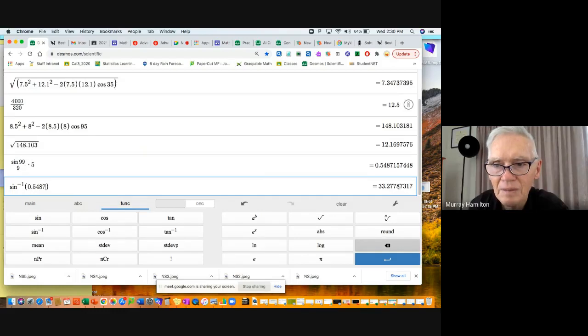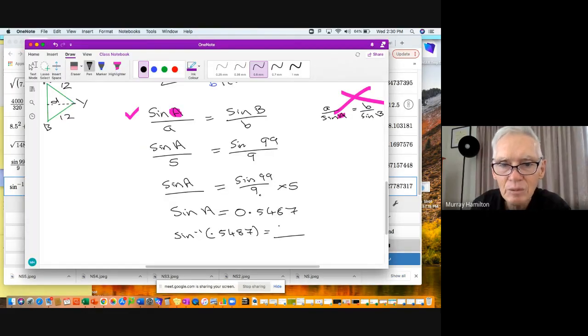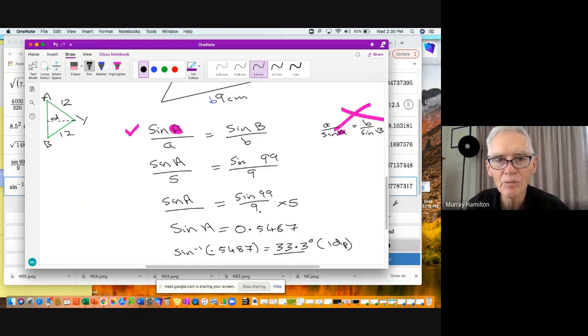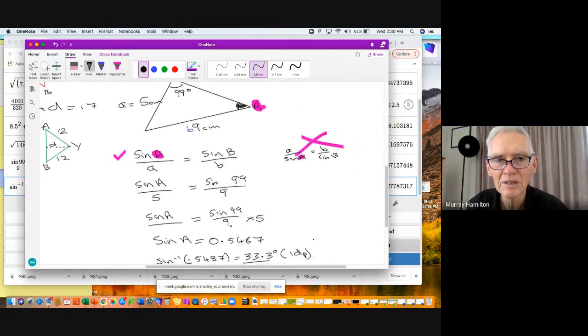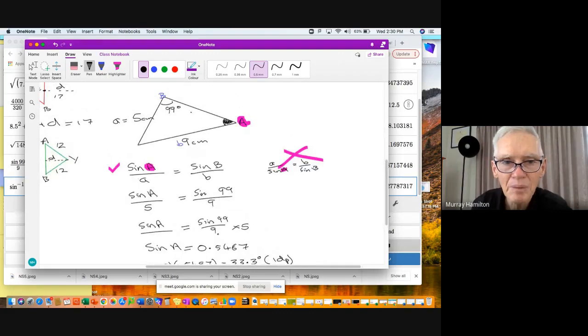And then I check to see if it makes sense. Is it the biggest angle? We've got the biggest angle, 99, with the biggest side, 9, and a smaller angle, 5, so 33.3 degrees looks about right. So I assume it's correct.